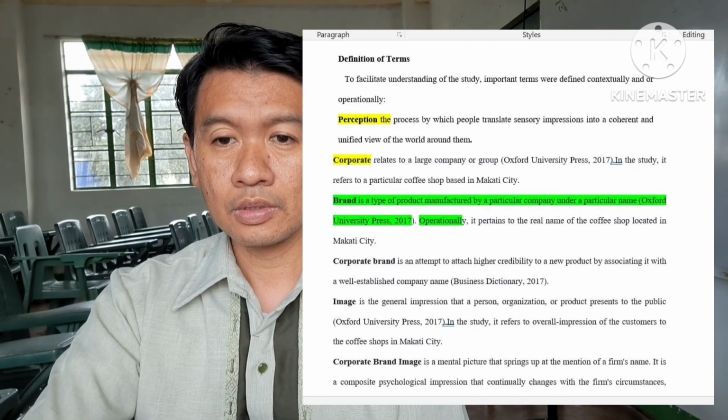So, contextually and or operationally, tinutukoy dito yung kinukuha nating meaning sa dictionary at kung paano ginagamit yung word na yon sa study natin.